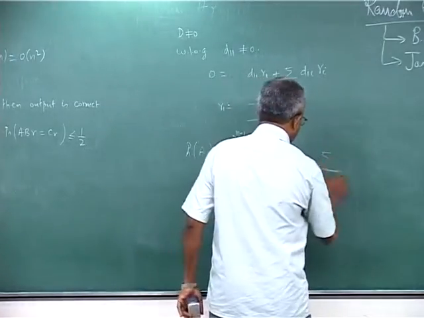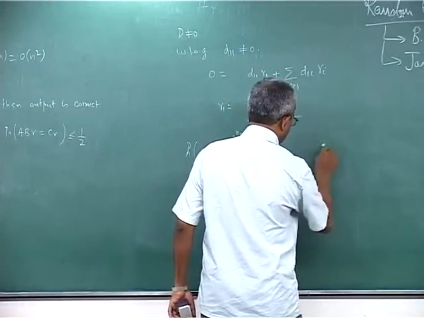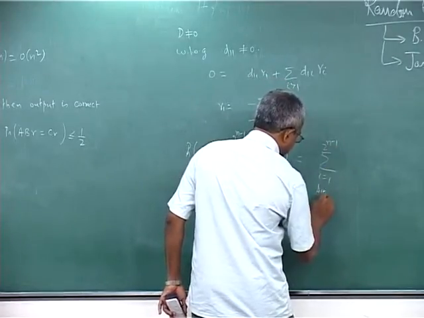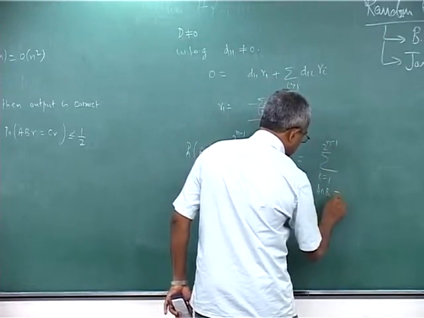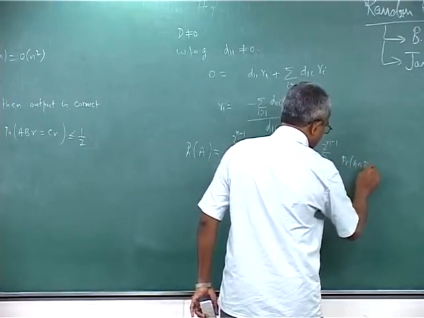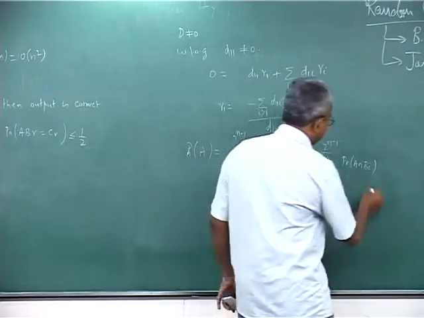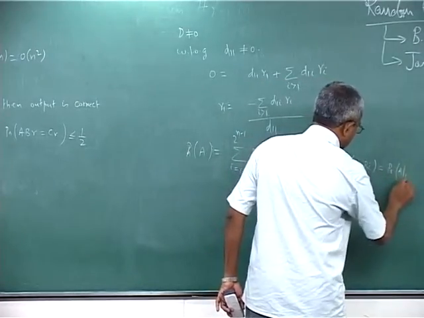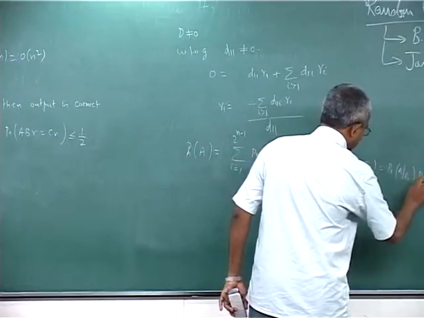So, the sum over i from 1 to 2 power n minus 1, where A intersection Bi is non-empty, of the probability of A intersection Bi. But the probability of A intersection Bi we know is the probability of A given Bi times the probability of Bi.